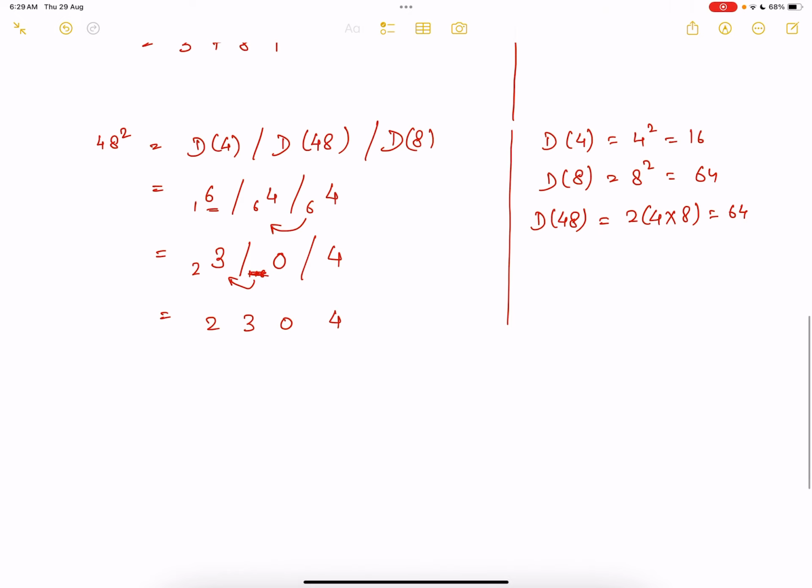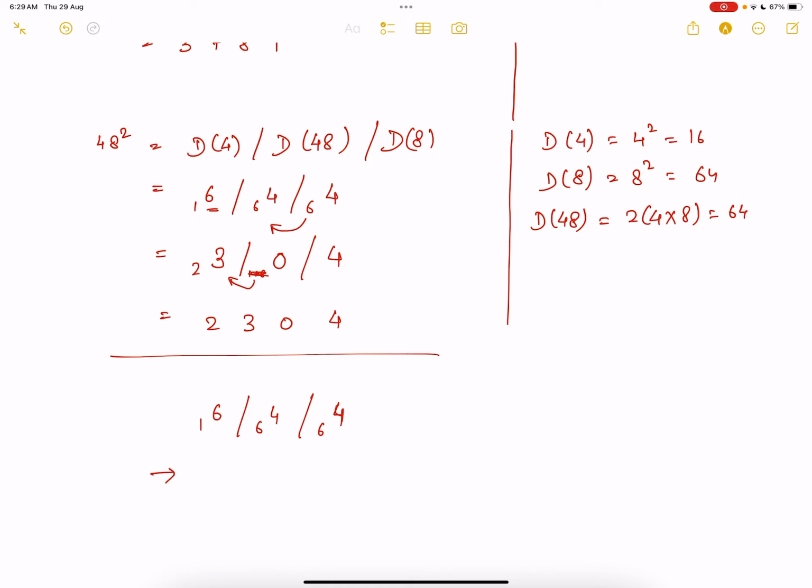You want to do that again? So let's do this step again. There is another way to do the same thing. So you have 16, 64, and 64. You can do it one by one also.